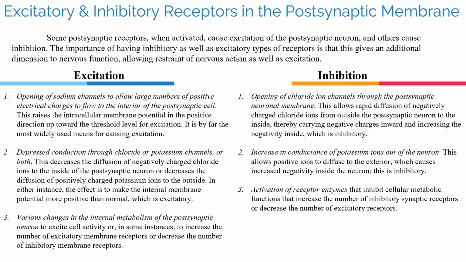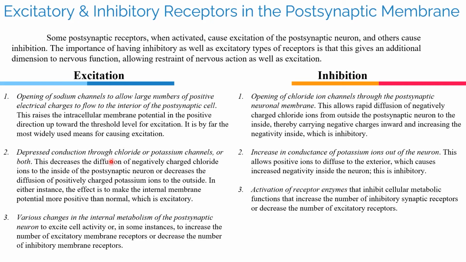It is by far the most widely used means for causing excitation. Once the membrane potential has risen closer to the threshold membrane potential for an action potential, the stimulation of the neuron required for it to actually exhibit an action potential is far less, and thus it can be very easily excited than in normal conditions.